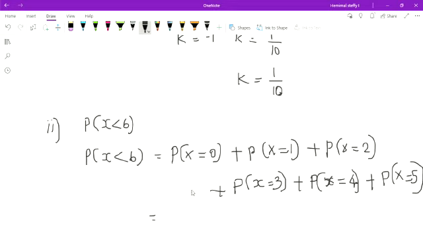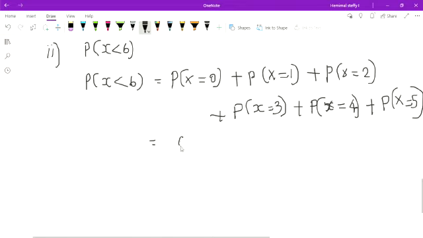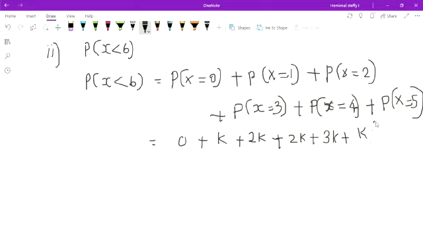What is the probability of each? The first one is 0, plus x equal to 1 is k, x equal to 2 is 2k, plus 2k, plus 3k, plus k square.